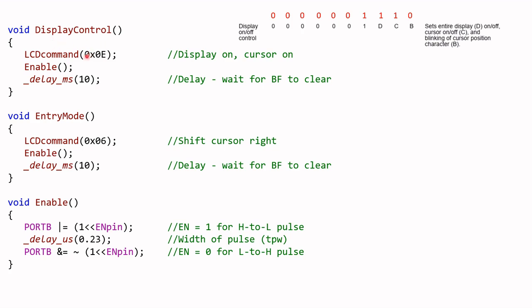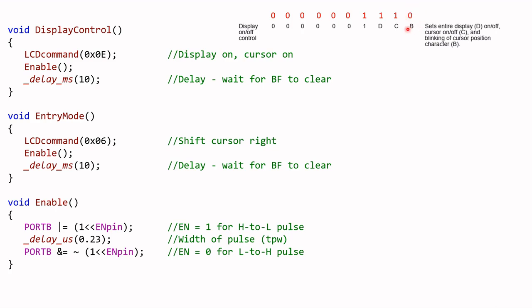So display control. We need to issue the command 0E. What does it do? Basically, we are setting the display on and cursor on, and we are not blinking the cursor. If you wish, you can set this to 1, then you will have a blinking cursor.